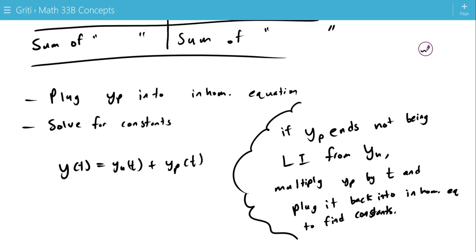So that's just one extra note, and that'll make more sense once you see some examples.